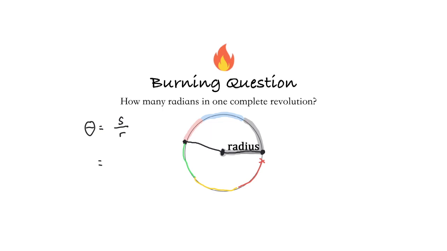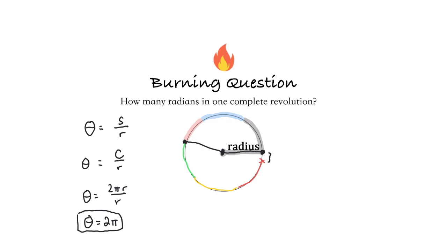If we think about our arc length as being the full circumference of the circle, 1 complete revolution, what we find out, since the circumference of a circle is 2 pi r, we find out that the number of radians in one complete revolution is 2 pi. And of course, since pi is 3.14 and so on, 2 pi is about 6.28. And that's exactly why I fell just a little bit short with my 6 lengths of string wrapping around that circle.